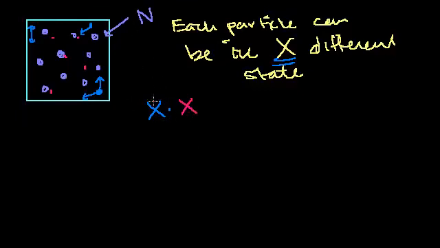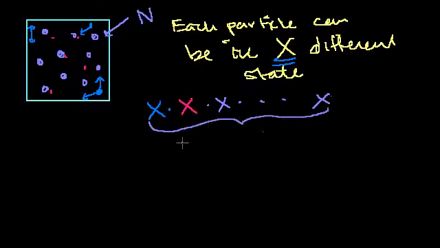But we don't have just two particles, we have n particles. So for every particle, you'd multiply by the number of states it could have, and you'd do that a total of n times. This is really just combinatorics here.